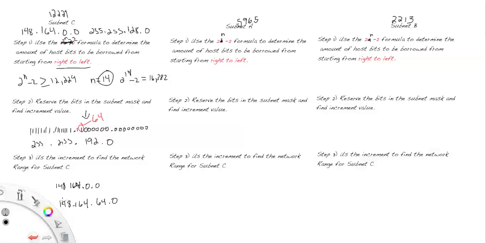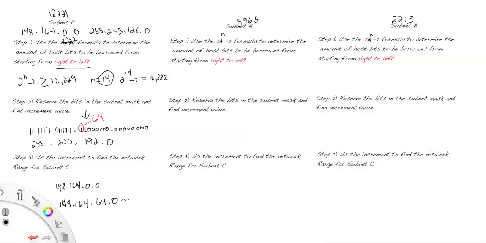Now, let's keep this address handy here. We won't get rid of it because we're going to need it to do our next subnet range. We're just looking for subnet C, just this one subnet range.